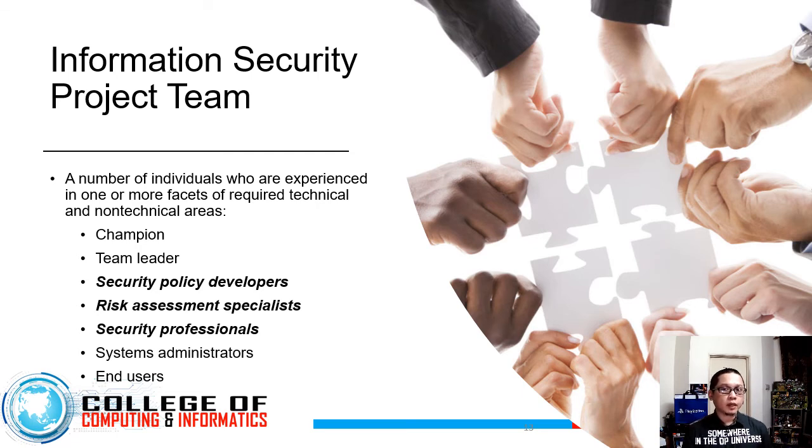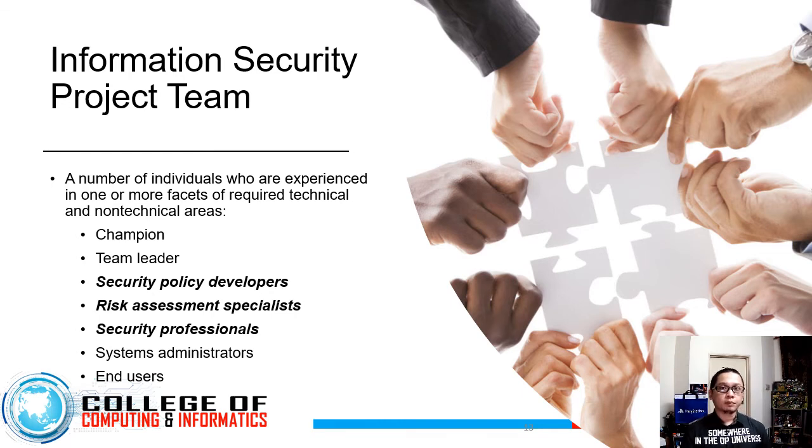Then we work together and give the solution back to the project champion at TNB. So this is basically a very normal ecosystem in any information security project. The champion is usually the head or the project manager, and then we have the team leader that has their own sets of experts within the team.